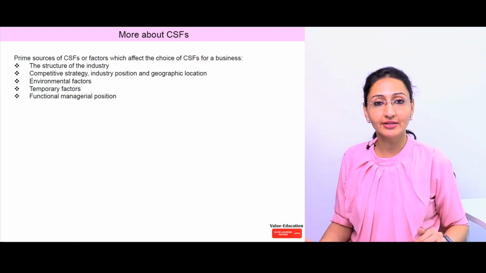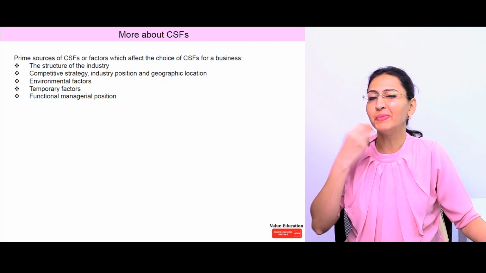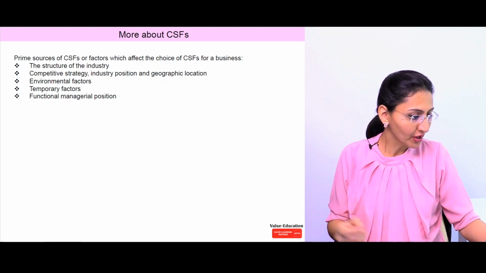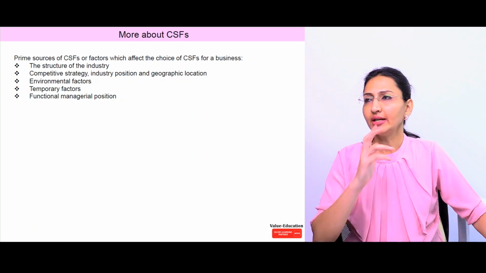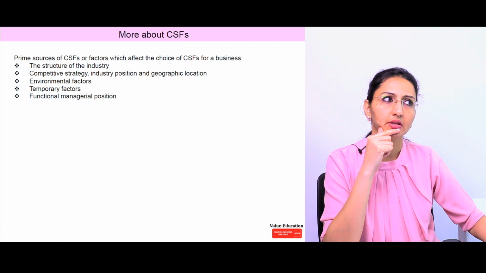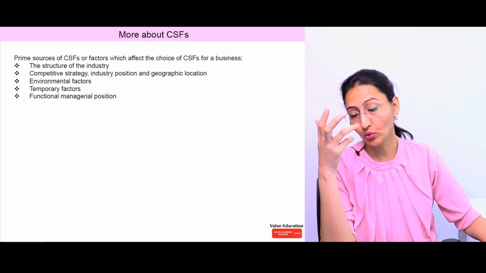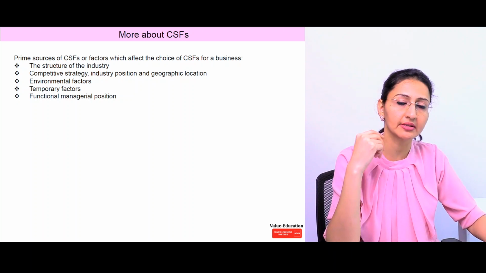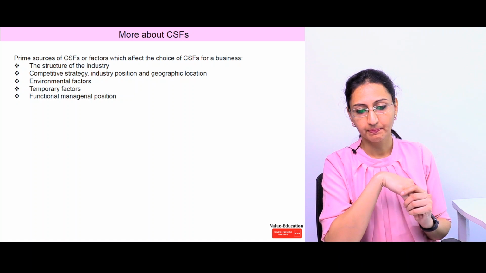Then temporary factors. There are some temporary factors which also shape critical success factors. For example, Honda had to recall its cars at a point of time, and Hyundai too had some engine issues. Even Nokia, when their mobiles were bursting, had to recall their mobile sets of a particular series.